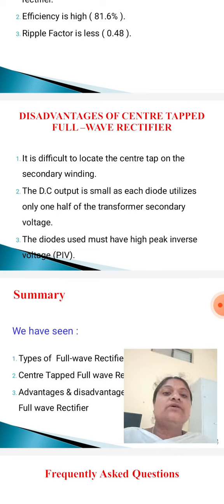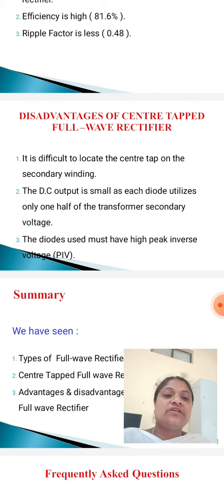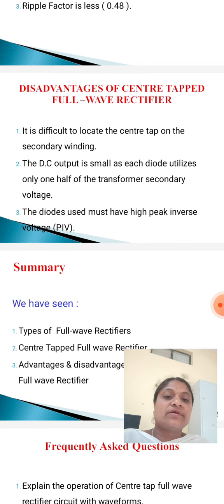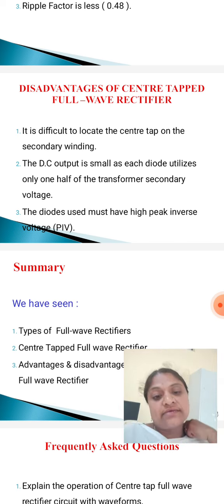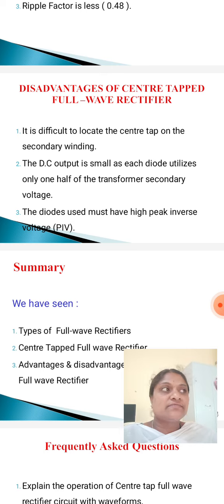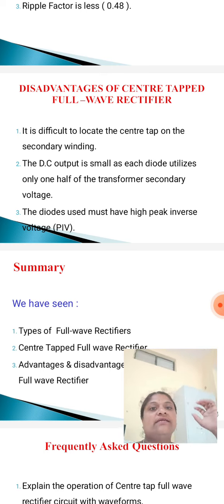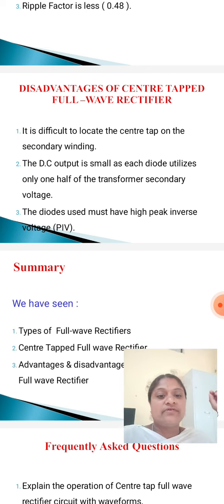If diode D1 utilizes one half of the voltage, the other half is lost. Then diode D2 utilizes one half of the voltage, and the other half is lost. That is the second disadvantage.